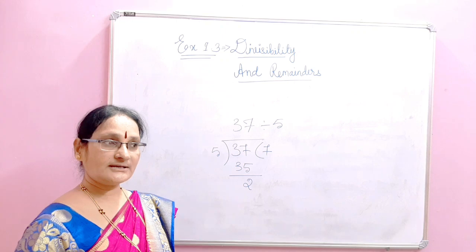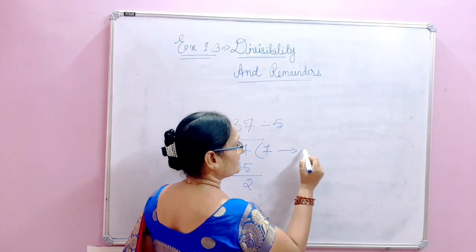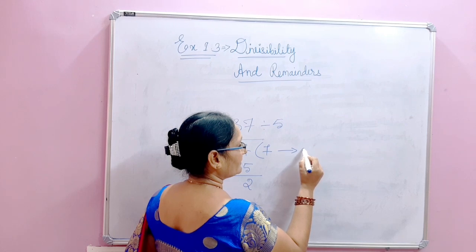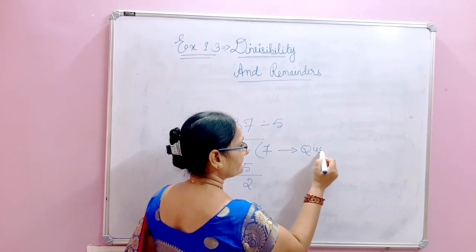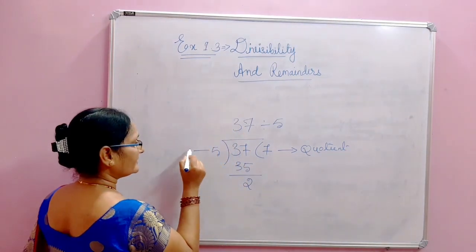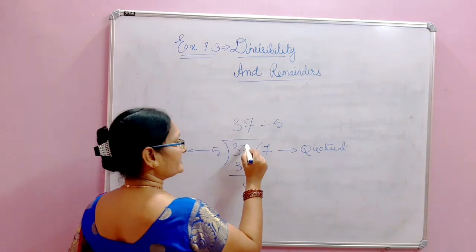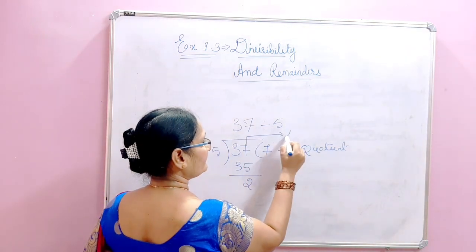In the smaller classes you have learnt that this is called the quotient, this is the divisor, and this is called the dividend.